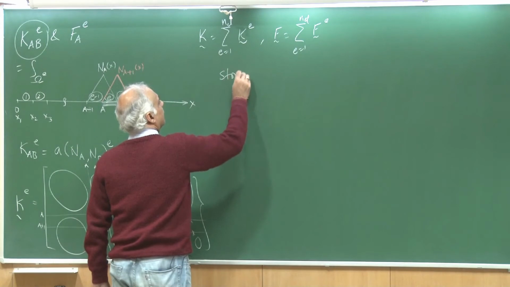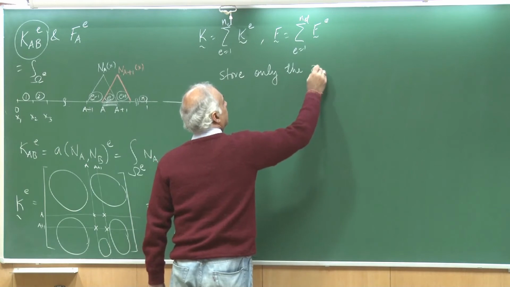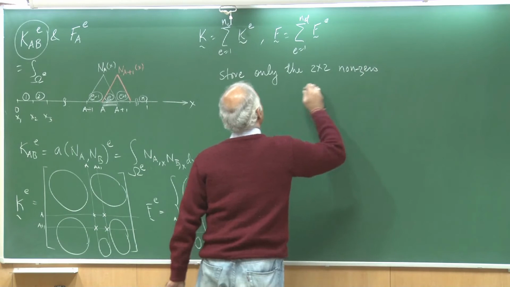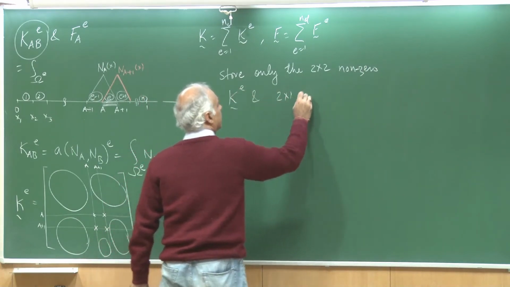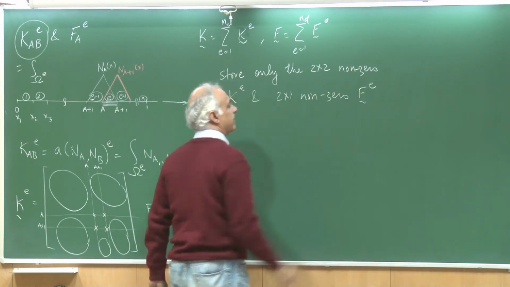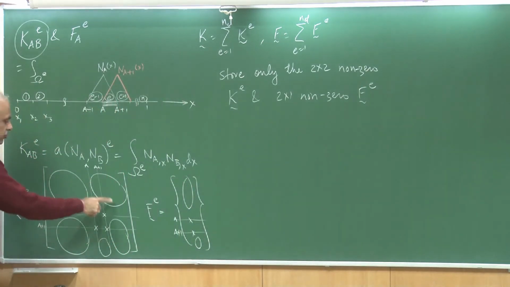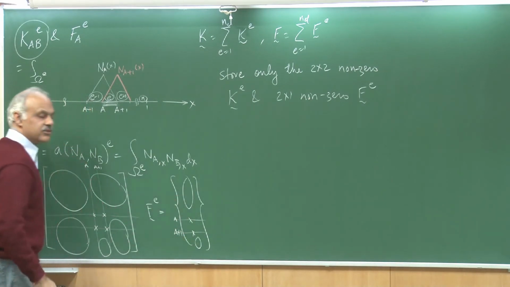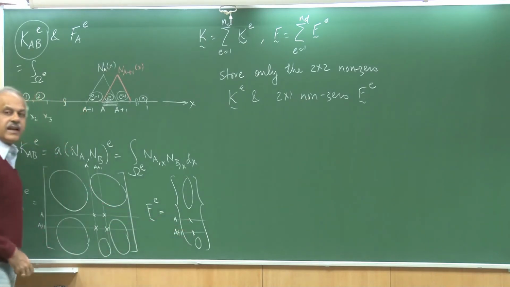So, one idea is to store only the 2 by 2 non-zero K^e and 2 cross 1 non-zero F^e. There is no point for each element to store these large 0 values in K or to store these large 0 values in F. Let us store only these 2 by 2 and 2 cross 1 entries over here.